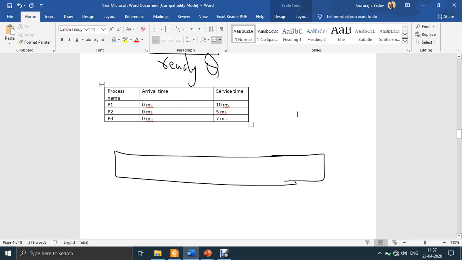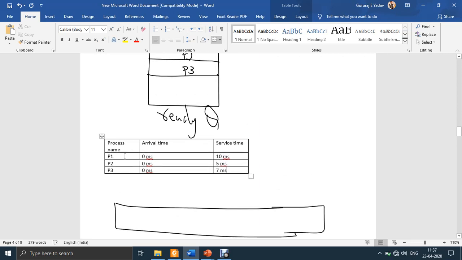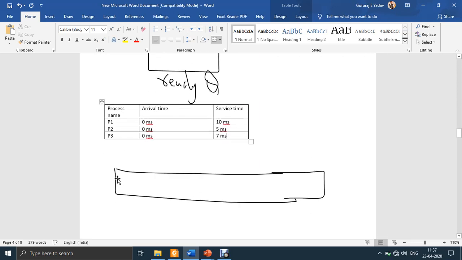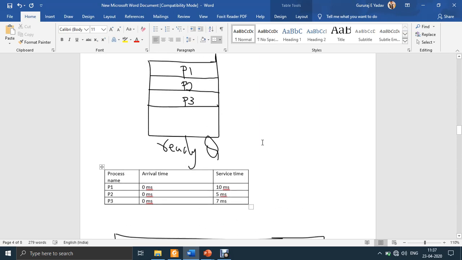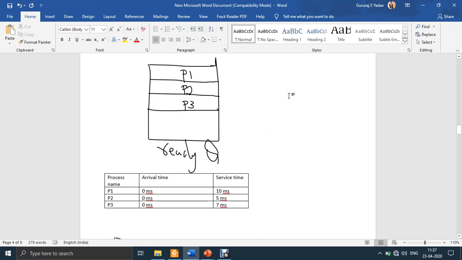As soon as you construct the table, you have to decide, out of these 3 processes, which process you will give the chance first to start its execution. Remember, it is preemptive SJF, the algorithm that you are using.